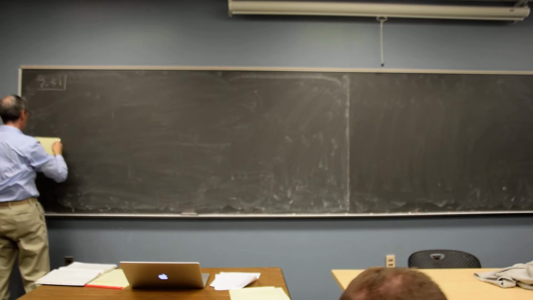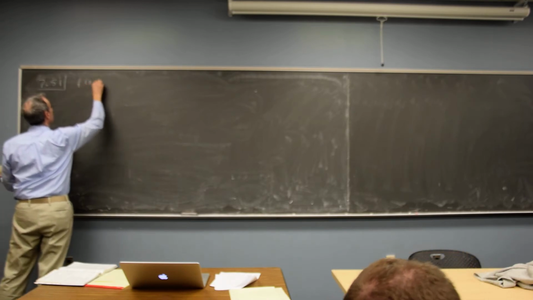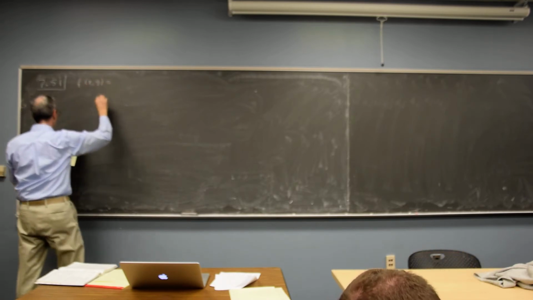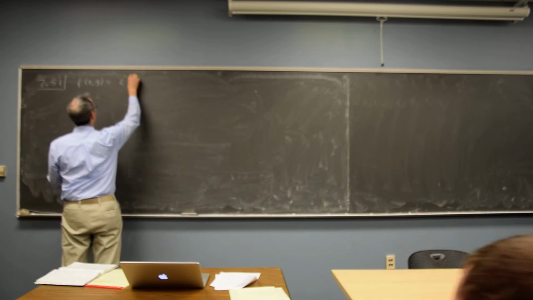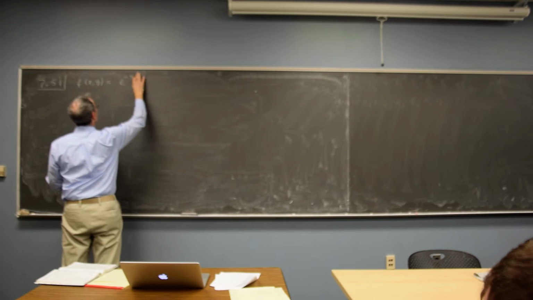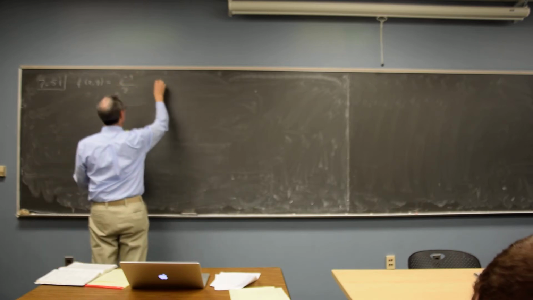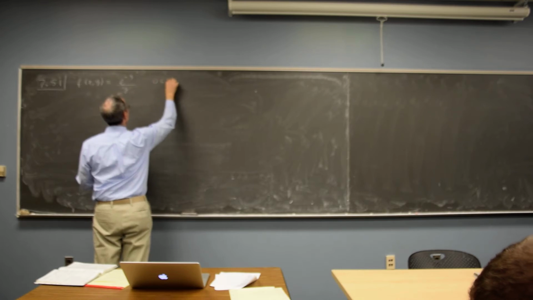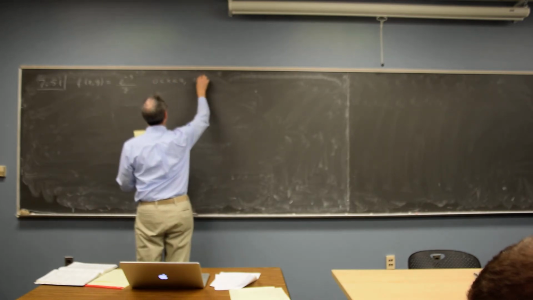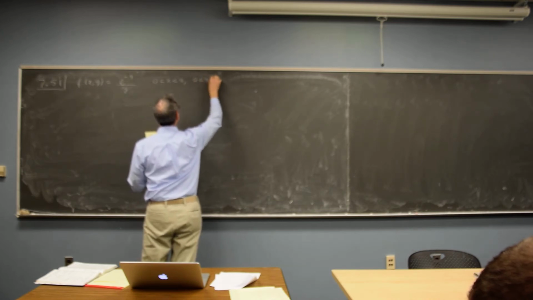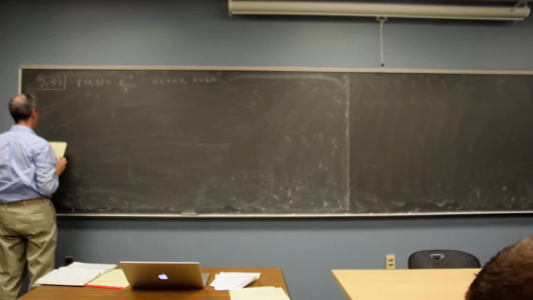So you have f of x and y is equal to e to the minus y divided by y, if 0 is less than x, less than y, and 0 less than y, less than infinity.